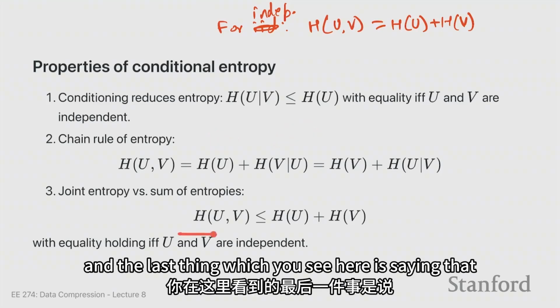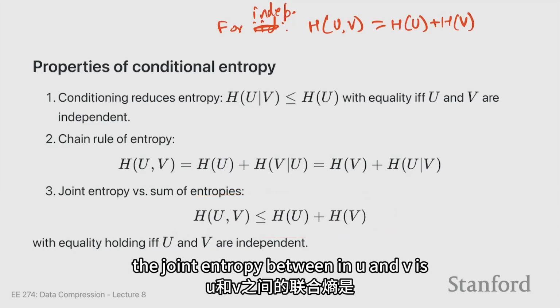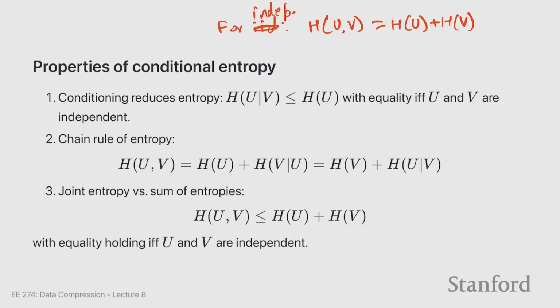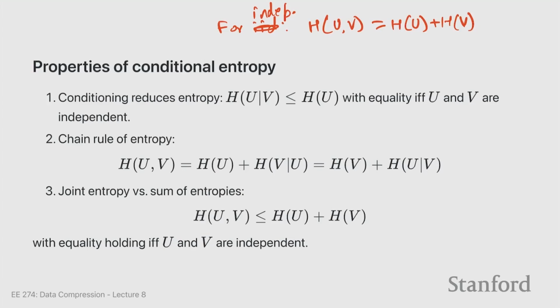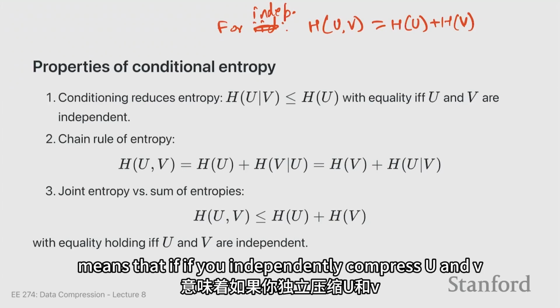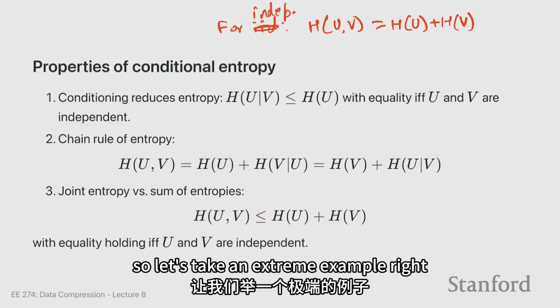And the last thing you see here says that the joint entropy of U and V is either equal to or smaller than the sum of the entropies. Let's take an extreme example.